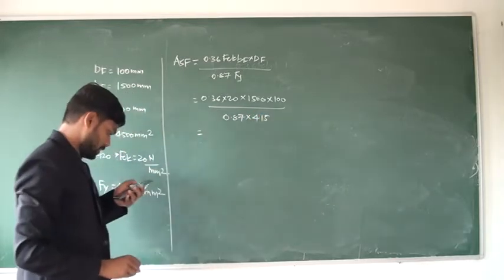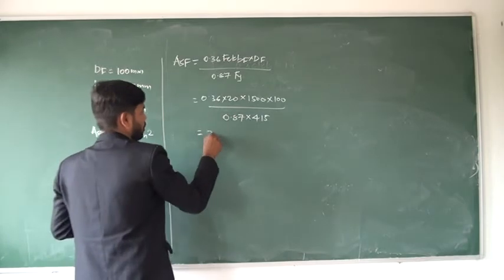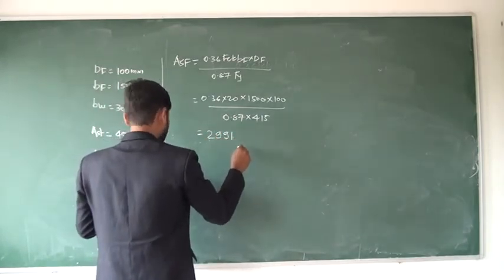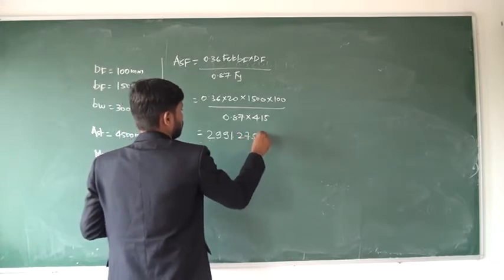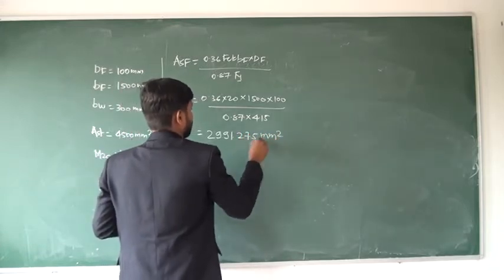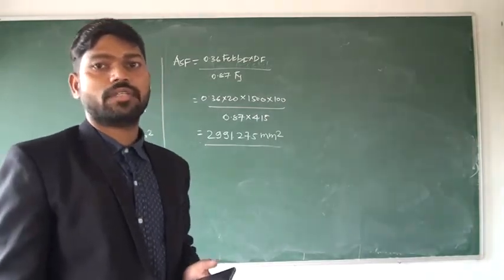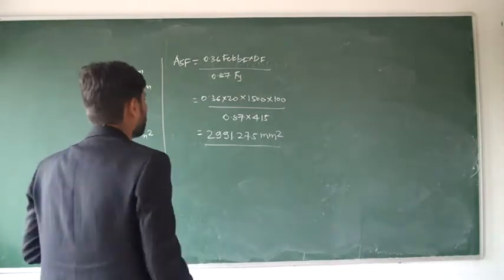If you calculate this, it is 2991.275. So the steel required for compression within the flange is 2991.